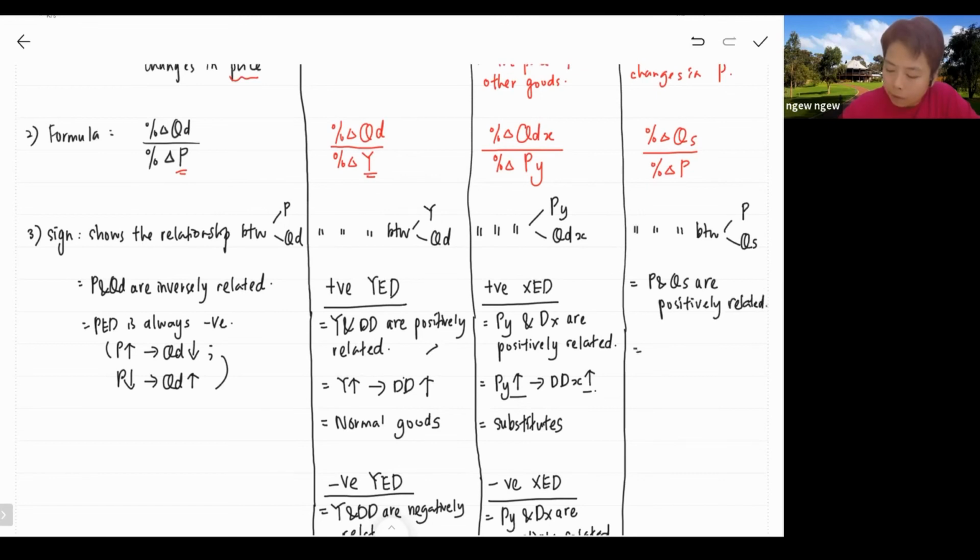As price rises, firms are willing to supply more due to higher profitability. As price falls, firms are willing to supply less due to lower profitability. Therefore, PES is always positive. No matter how, the sign of PES is always positive. It's just that simple.